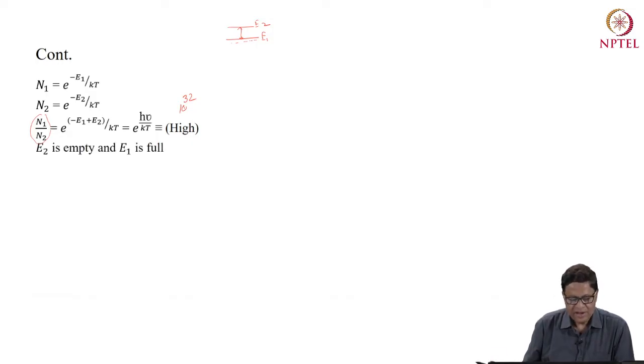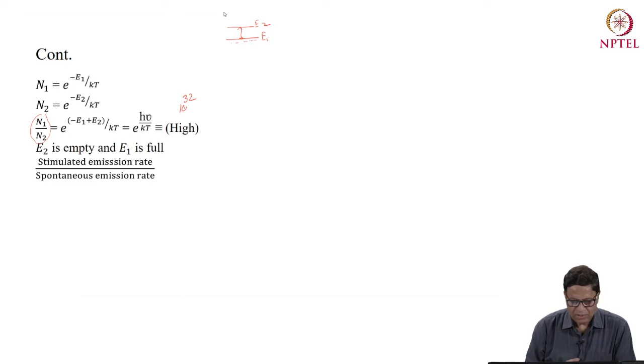E2 is empty and E1 is full. Now I try to calculate the stimulated emission rate versus spontaneous. I find out the ratio of stimulated emission rate and spontaneous emission rate. So again, this is actually given by a formula 1 by e raised to power h nu by kT minus 1.